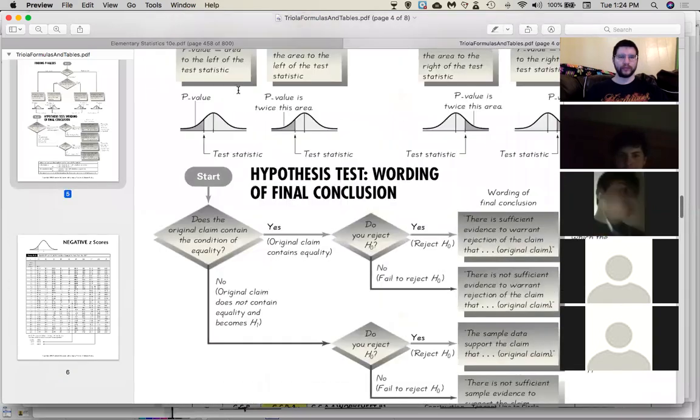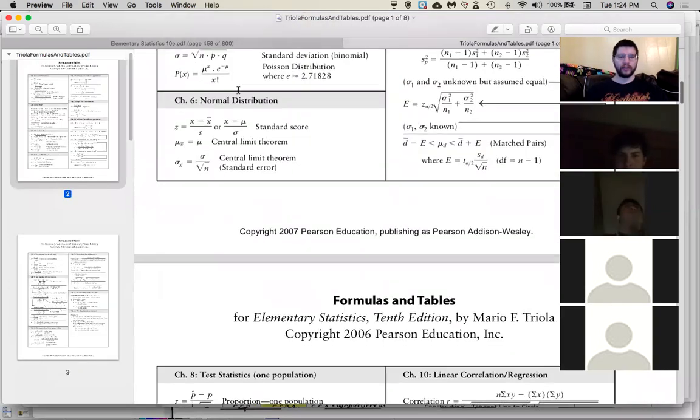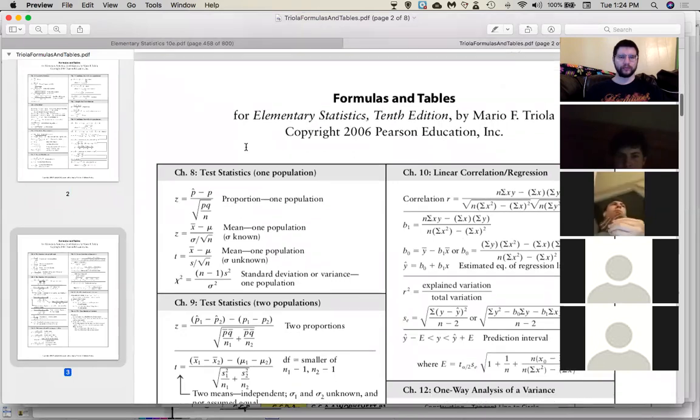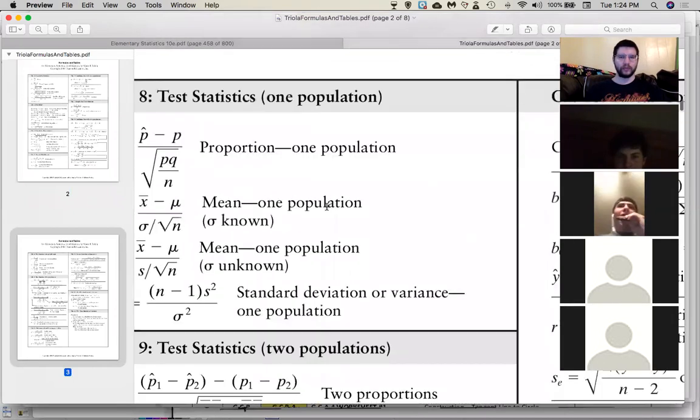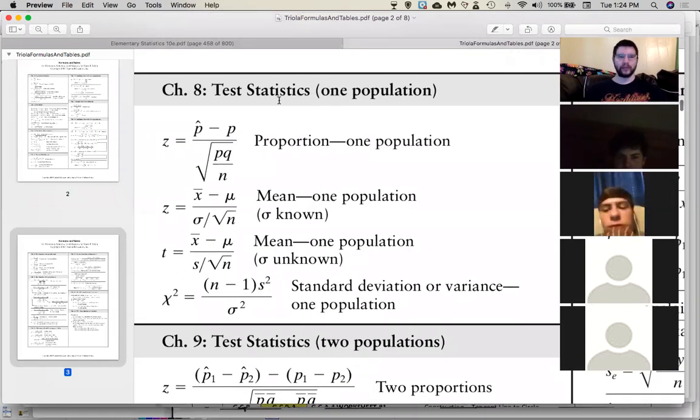Okay. So we're looking right here. Test statistics. These are the three we're going to be using. This week, right now, we're using a Z test statistic for the population mean, sigma known. So right here, this is what we need.